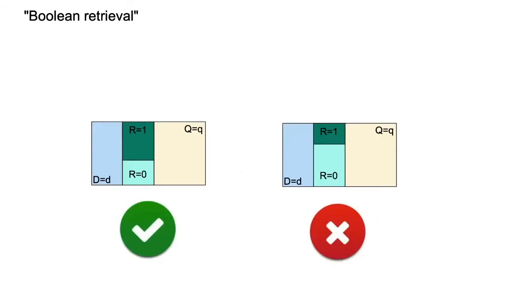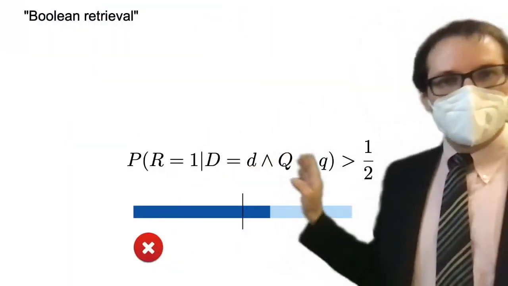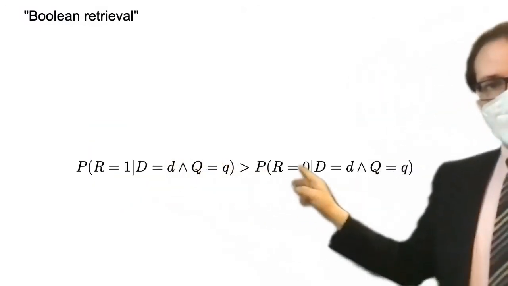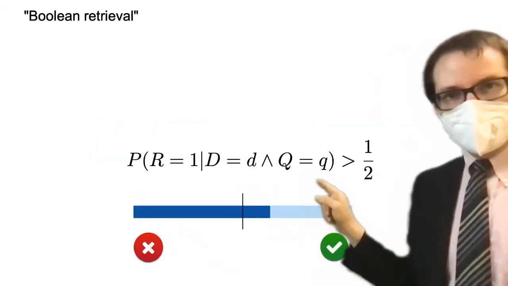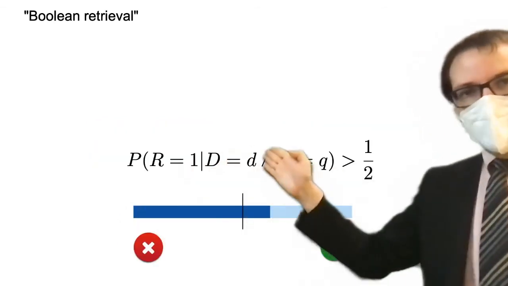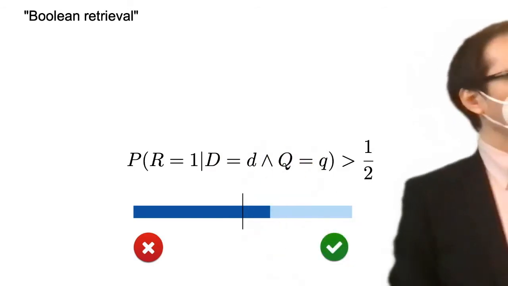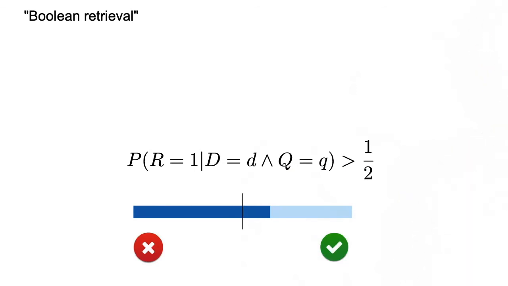So here I even have the display that here it's more relevant, here it's more irrelevant. And indeed, this is equivalent to saying that this is more than half of probability, right? So you basically have this slider here for this value there, and you put a cutoff at 1/2 for your Boolean querying system. So you see, we can even derive a Boolean querying system, not just a ranked retrieval system.